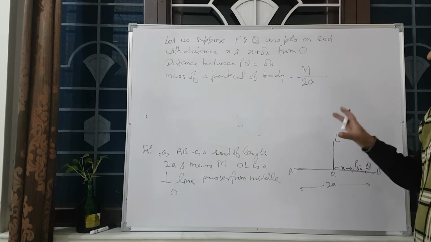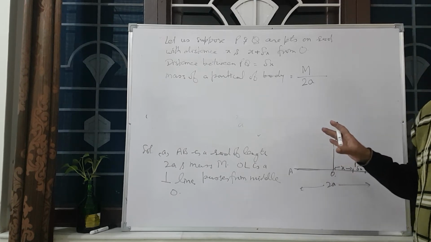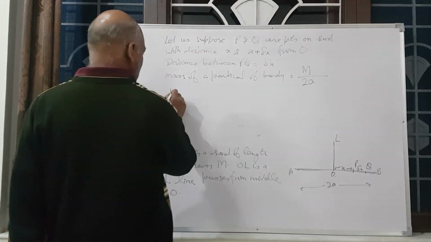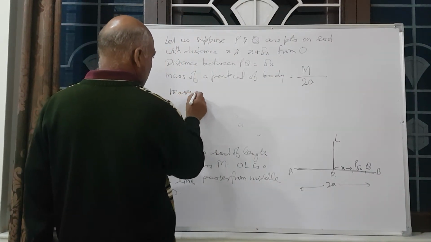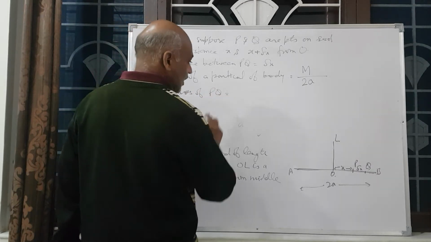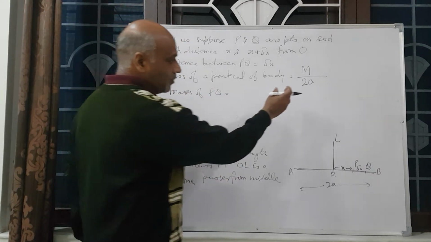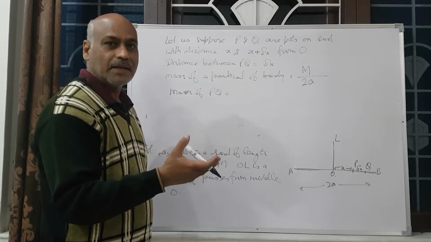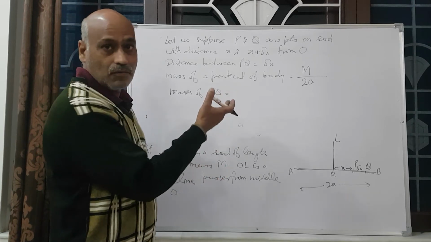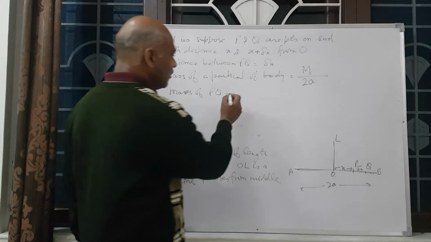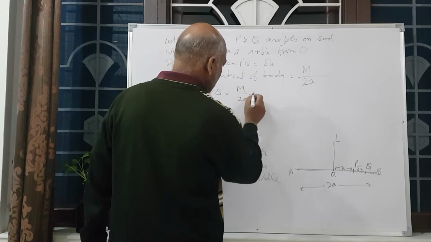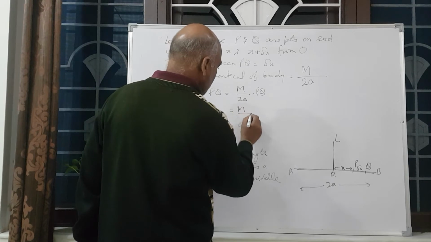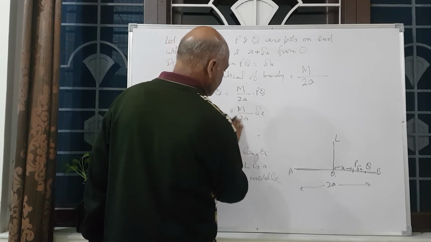This is the mass of one particle, per unit length. If we have to find the mass of PQ, we multiply this by PQ, which is delta x. So the mass of PQ is M upon 2a into delta x.